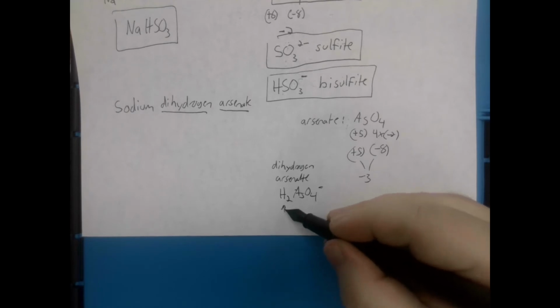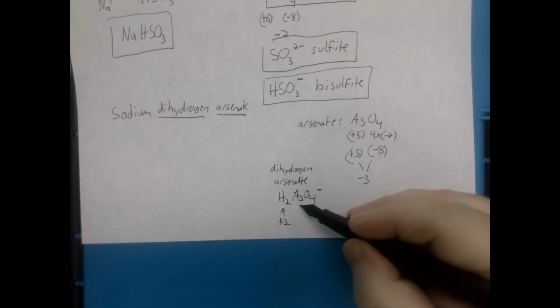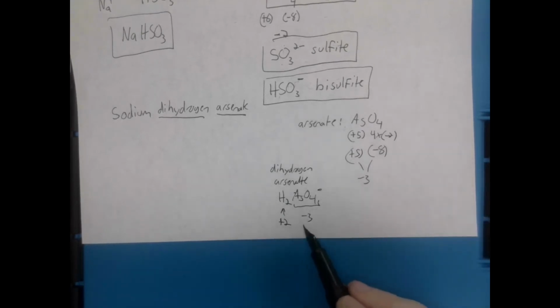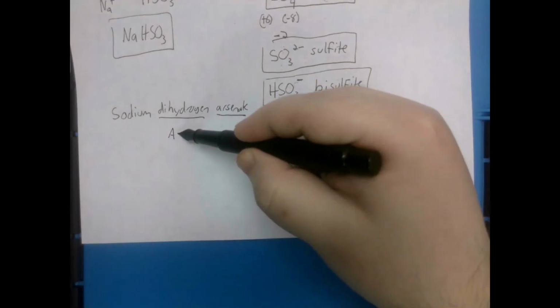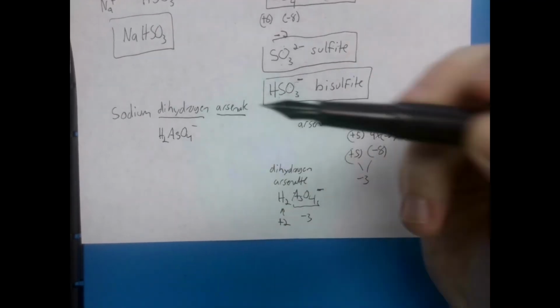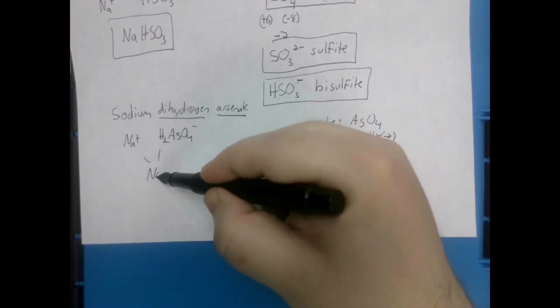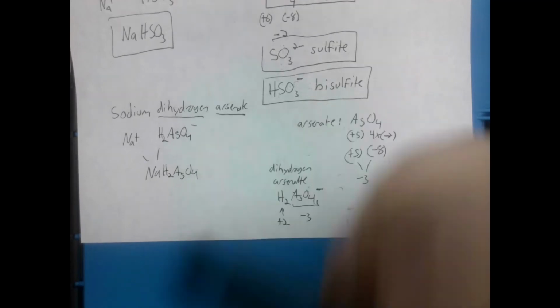The 2 hydrogens contribute a plus 2. This would have been negative 3, so plus 2 and negative 3 gives us a net charge of negative. So dihydrogen arsenate is H2AsO4 negative, mixed with a sodium plus. These combine to give us the formula NaH2AsO4.